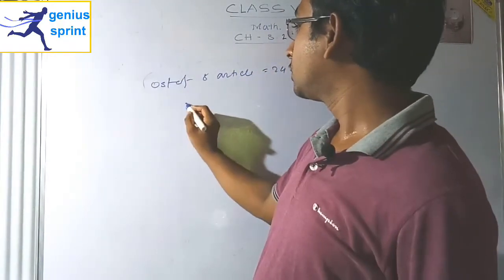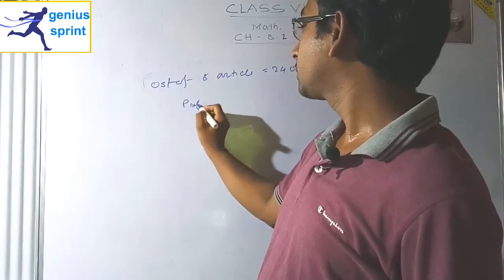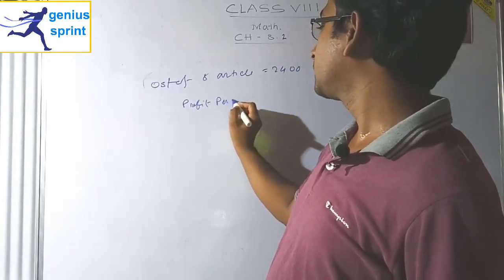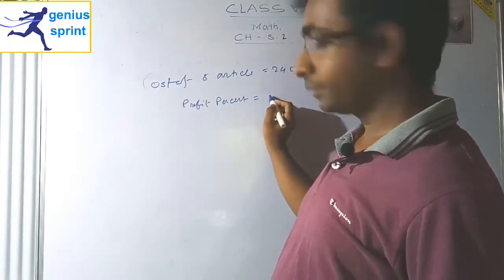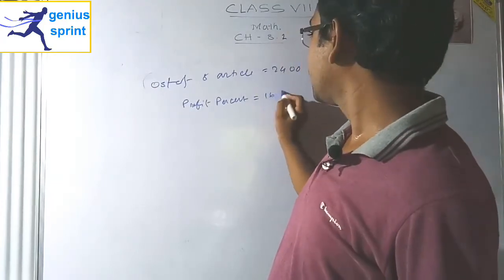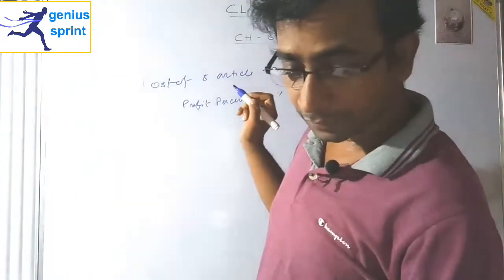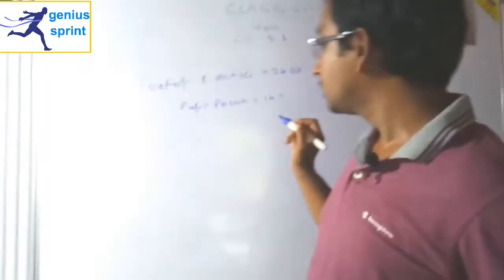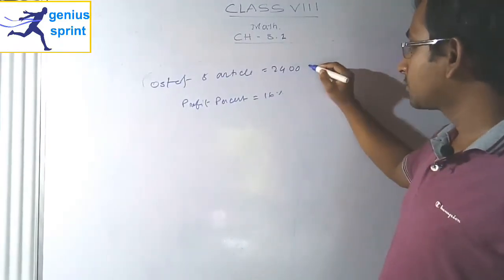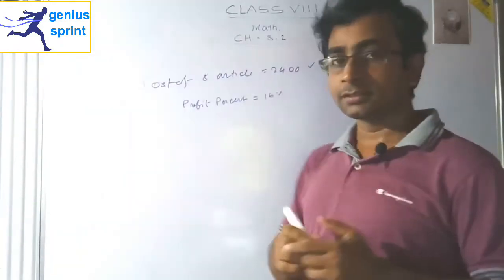So profit percent is equal to 16. Find the selling price of one article. So you have to find the selling price. First of all, we have to calculate the selling price from the cost price.